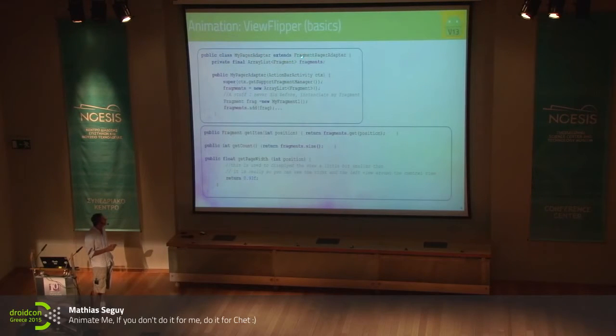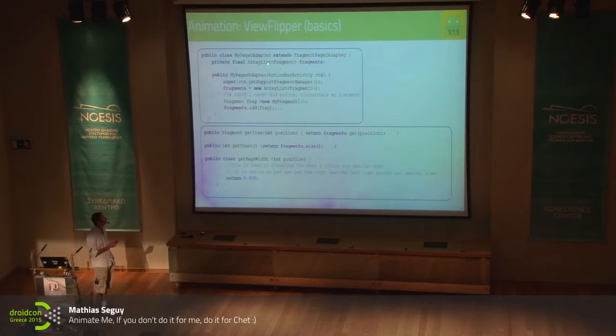The page adapter is a FragmentPagerAdapter. You also have the PagerAdapter, and you need to do the same stuff as for a BaseAdapter. So in your constructor, you define the fragments you want to display.